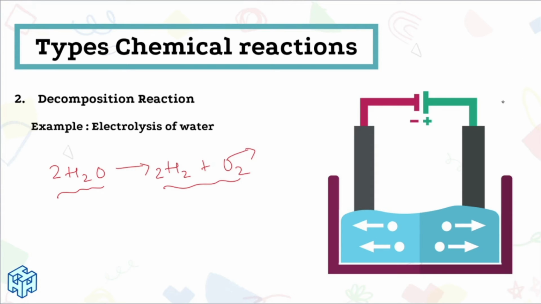This decomposition process is required to create oxygen from water. We have water here, we electrolyze it, and we get oxygen and hydrogen. There is not much discussion about electrolysis in your syllabus, so I will restrict myself to the textbook.